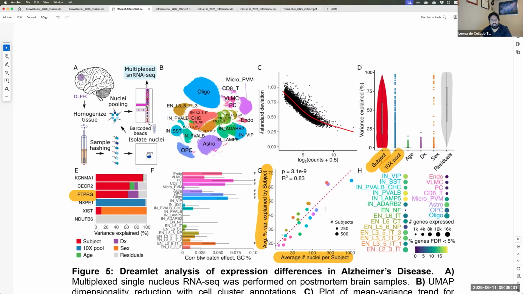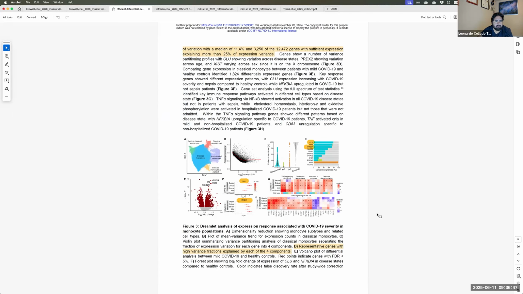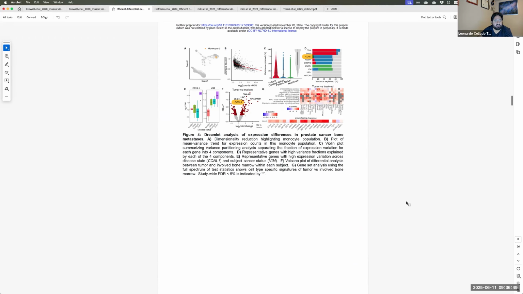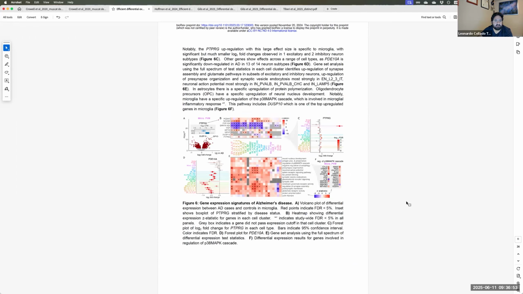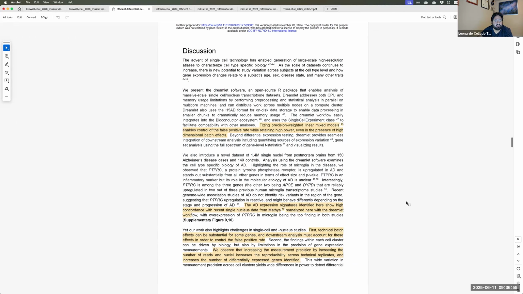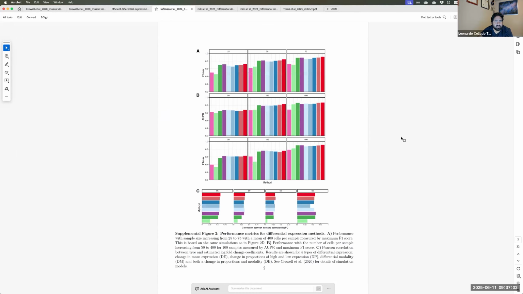Later on, they show that there's basically a direct relationship between how much data you have and how many differentially expressed genes you are able to detect, which we kind of had seen, or heard about, in the muscat paper, but they talk about it over here and in the Dreamlet preprint too. Cool. So let me just quickly check.